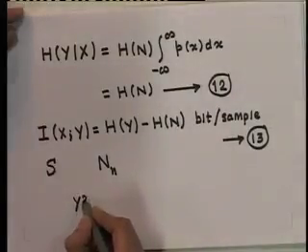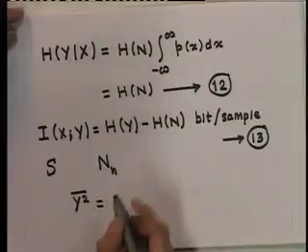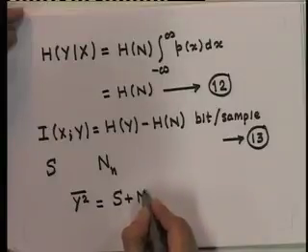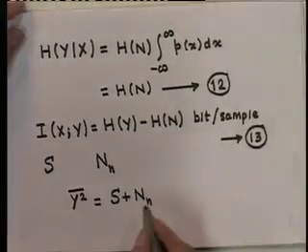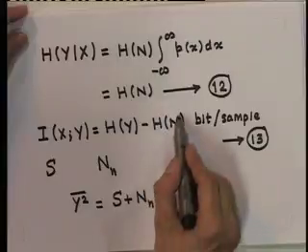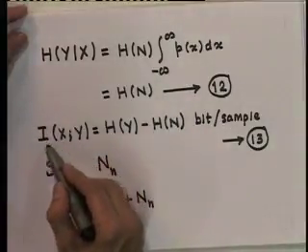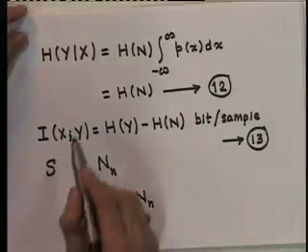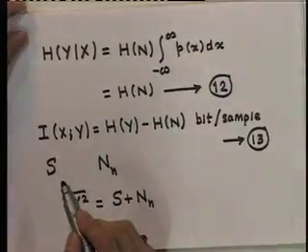Hence, the mean square value of y is equal to S plus N_n. Now, for a given noise, that is h(n) is given, I(x;y), that is the mutual information, is maximum when h(y) is maximum.